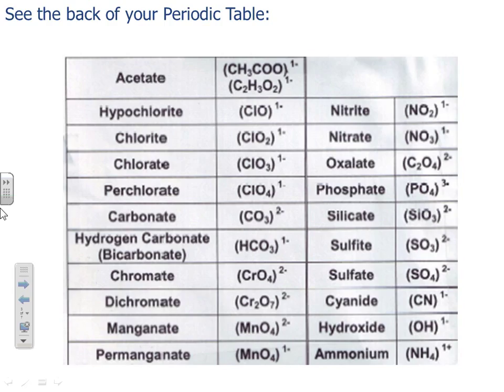But let me show you what an ammonium looks like. An ammonium has 4 hydrogens bonded to it, all right? Much like water has 2 hydrogens bonded to it, okay? And we're going to learn how to draw these molecules.